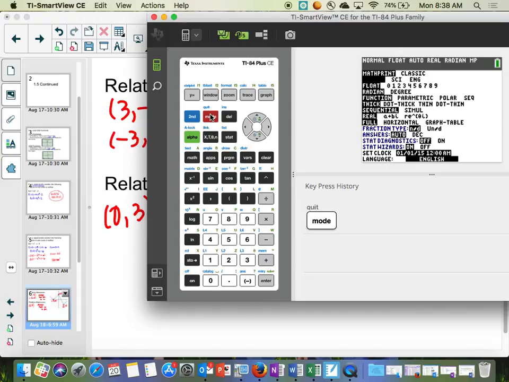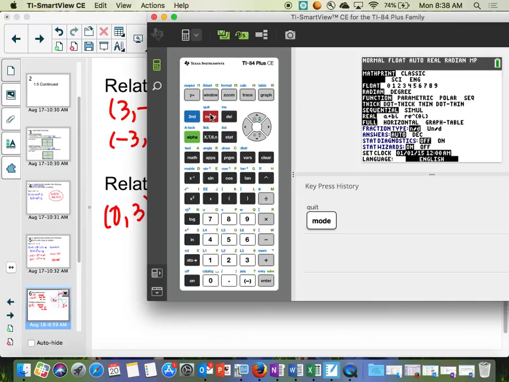If it's highlighted, you're fine. If you want to highlight it, then you hit enter. How many of you are borrowing yours from an older sibling?